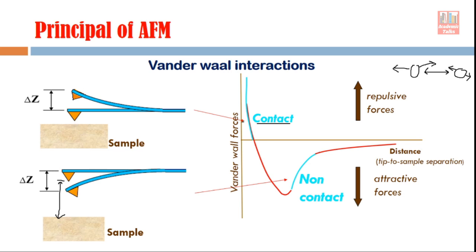Only thing is that this gap is very small, so we consider this mode almost as a contact mode. And when the attractive forces are taking place, in this particular situation we say that this is non-contact mode, because the separation between tip and sample surface is large as compared to the case of the contact mode.